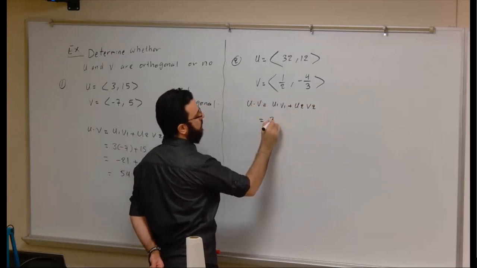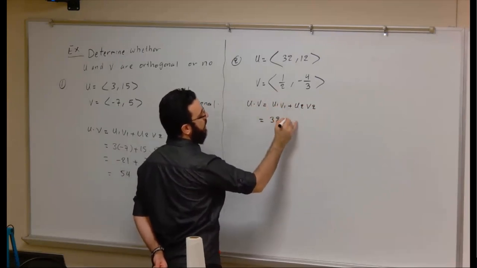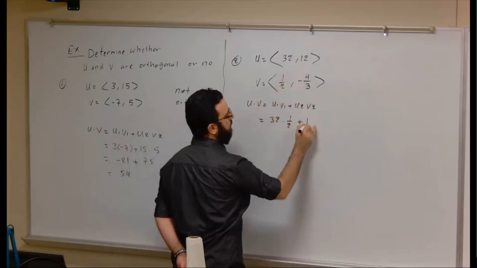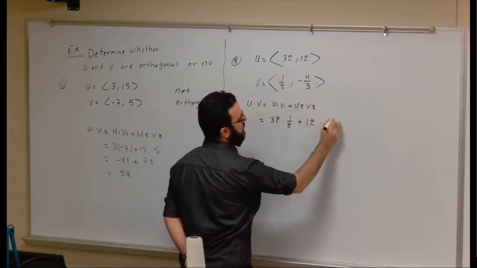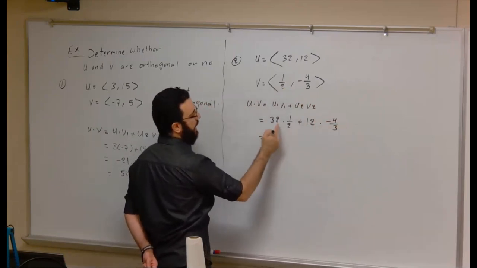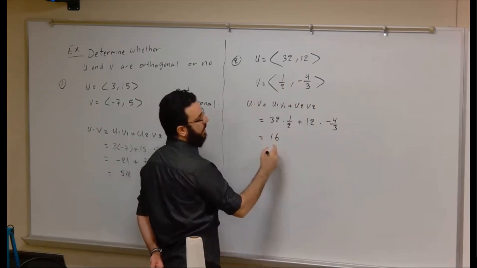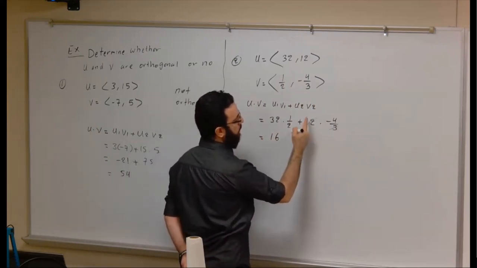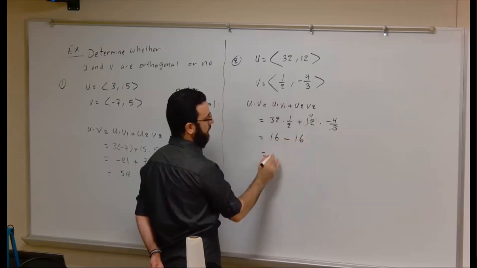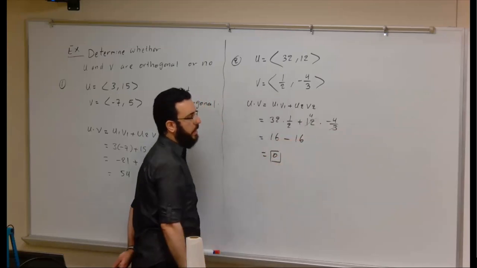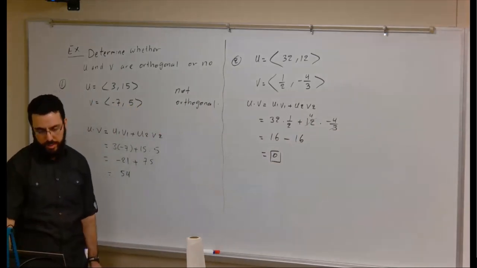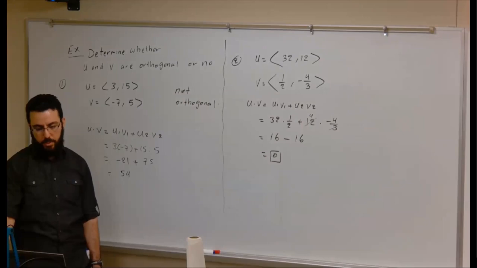U1 is 32, V1 is half, plus U2 is 12, V2 is -4/3. Simplify this one: half of 32 is 16, and 12 times -4/3 is -16, so the sum equals 0. That's it. We do the dot product to find if it's orthogonal or not.